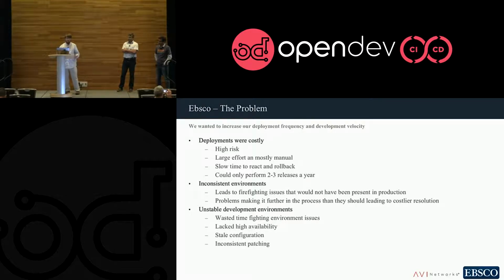We had unstable development environments, so a lot of them lacked high availability. They deviate in consistency from your live environment, so you get issues that happen in development, again, that wouldn't actually be problems. They have inconsistent patching and a lot of time often wasted fighting environment issues in lower order environments.